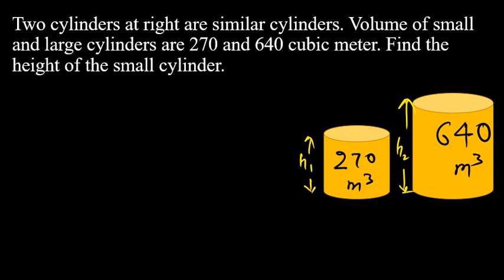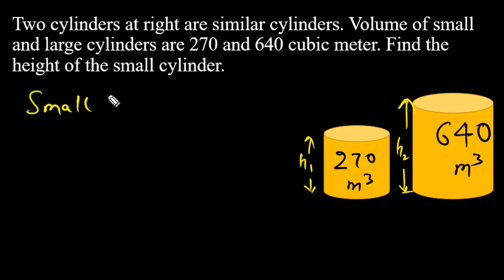Okay, now in this one, first of all you need to write the volume ratios. It is asking for the height of the small cylinder, so it's up to you whether you want to write large to small or small to large. I'm writing small to large.